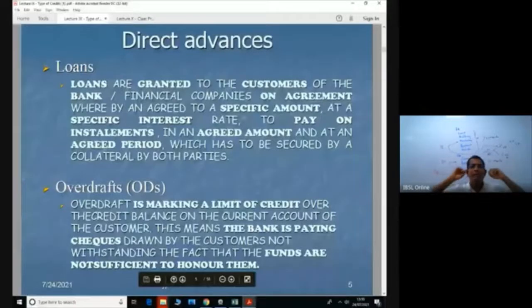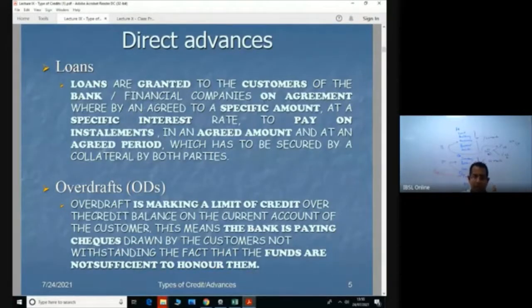Loans and overdrafts. Loans are facilities we grant with an amount, a specific period, an agreed upon repayment frequency and interest.